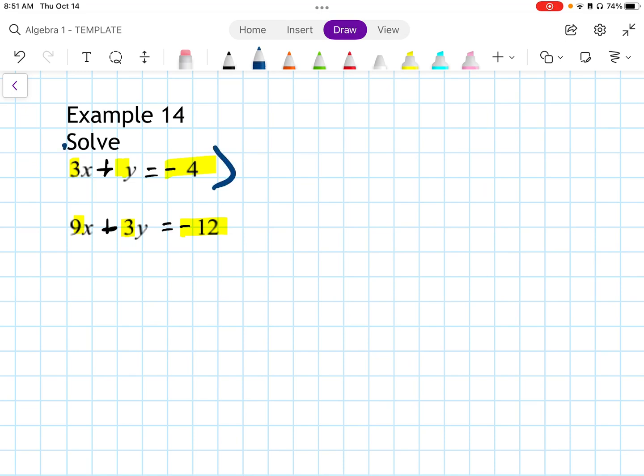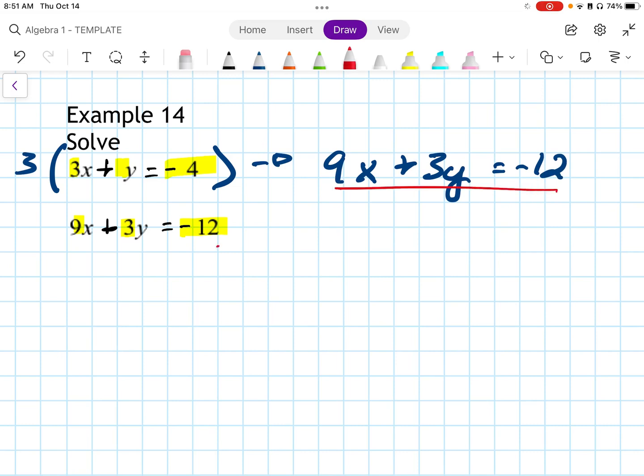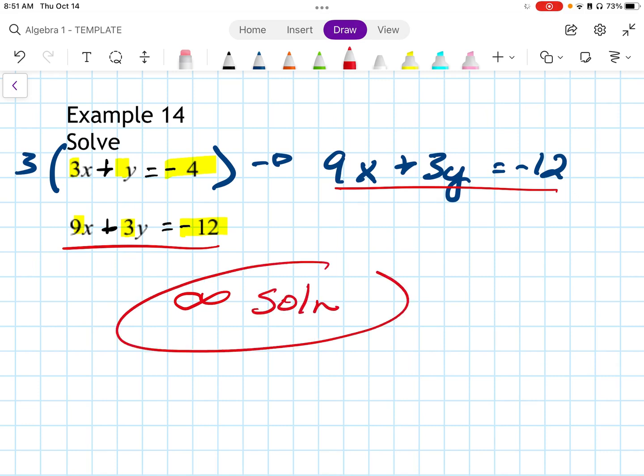So if I were to take this top one and multiply by 3, I would get 9x plus 3y equals negative 12. And this is exactly the same thing as what's down there. So these are actually the exact same line. If I were to graph them, they would lay on top of each other. So this is infinite solution, right? Because every single point on those lines would actually be a solution.